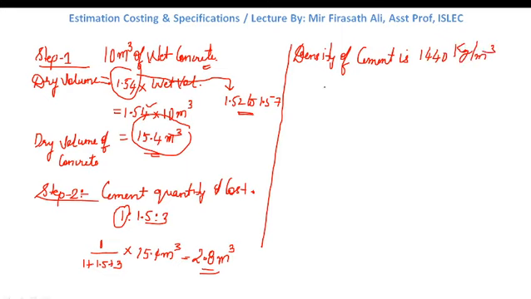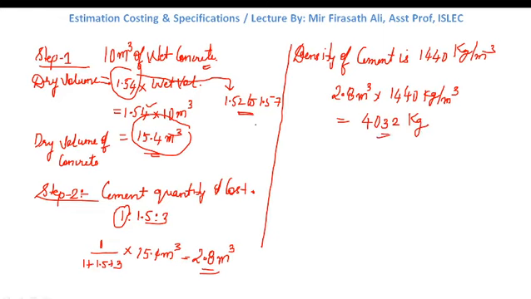If we multiply 2.8 meter cube into 1440 kg per meter cube, we get the value as 4032 kg.